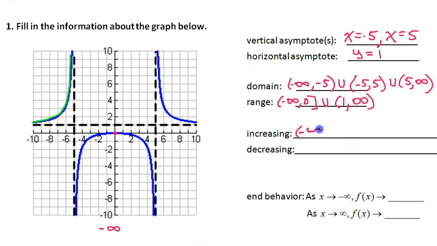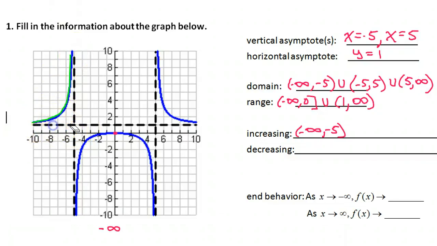We're just doing x values, so that's why we said -infinity to -5, because we're talking about x values, not y values. So it's not -infinity to +infinity or even 1 to infinity. Those are y values. So look at the x-axis when you're doing this.